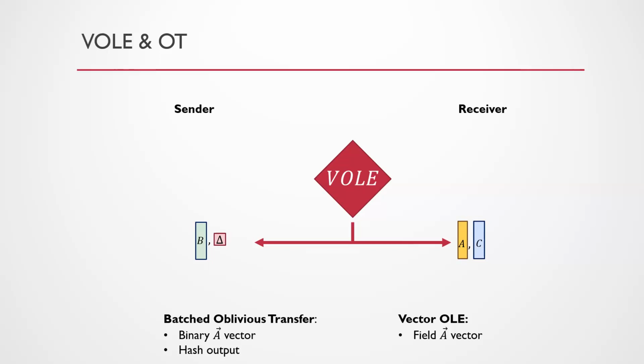You get a two-party functionality, and parties get out these A, B, C, and delta values, where delta is a scalar, and the rest are random vectors, possibly over a field. The correlation is that A times delta equals C minus B. You can think of C and B as secret sharing of this scalar-vector product. And from this, that's VOLE. You can also compile this down to OT and OLEs for the binary case.